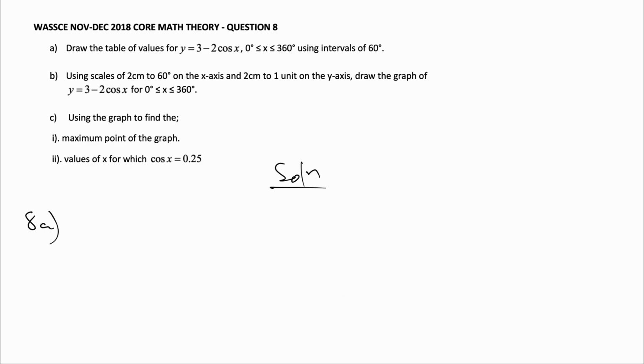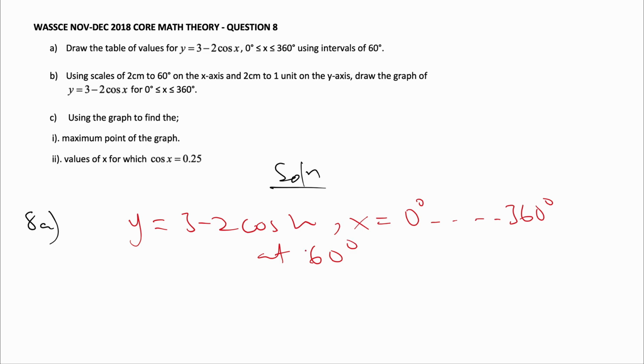So 8a is asking us to draw the table of values for y is equal to 3 minus 2 cos x for values of x between 0 degrees and 360 degrees at an interval of 60 degrees.